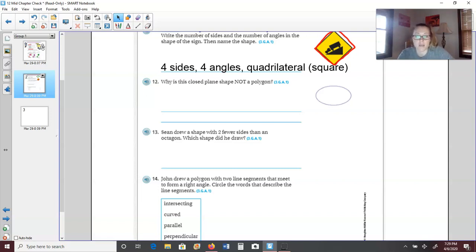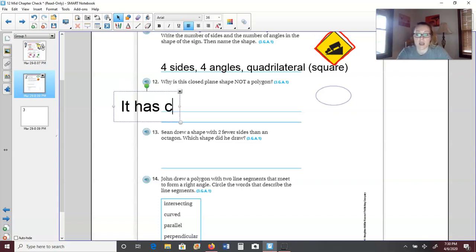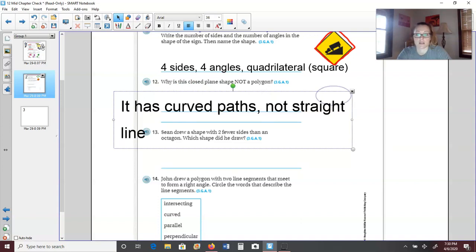But instead, I'm going to read your minds right now and know that you're thinking, Mrs. Jockel, this is not a polygon because it's curved. It does not have straight line segments. Okay, so it has curved paths, not straight line segments. All right.